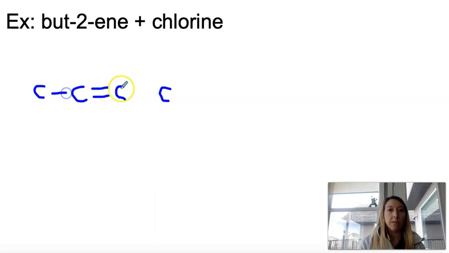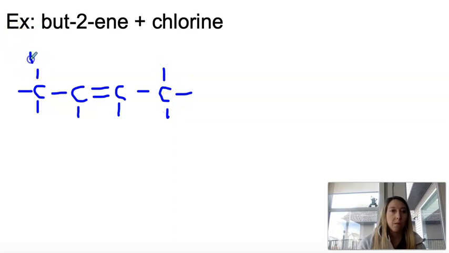And then everything else gets filled in as a single bond, right? Then we have to fill in those H's. There's got to be 1 here, 1 here, and 3 here. Then finish drawing all of that in.